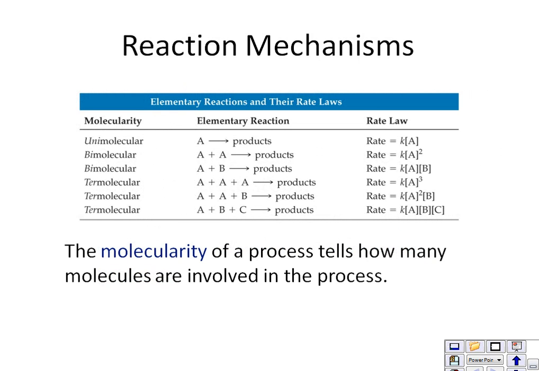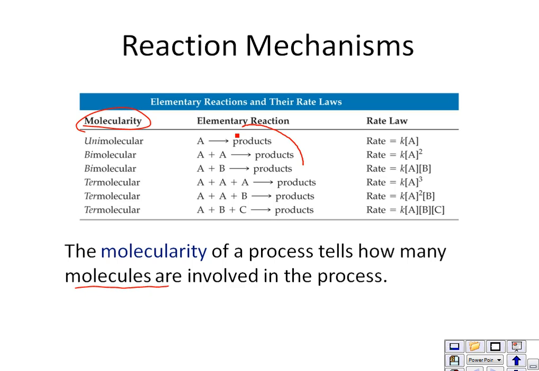Here is a chart of reaction mechanisms and their rate laws. Notice over here it says molecularity. The molecularity of a process tells how many molecules are involved in the process, and when we're talking about involved, we're talking only about reactants.